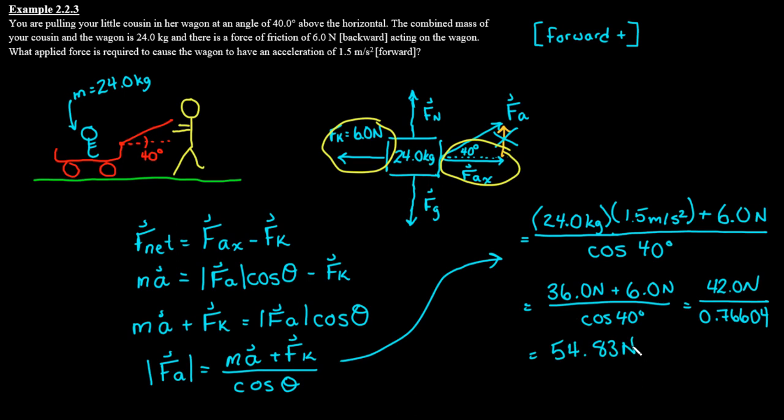Now remember, this solves for that entire magnitude. So this is the applied force that we are looking for. So the applied force that we have to apply in order to cause an acceleration of 1.5 meters per second squared forward is 55 newtons if we use our significant figures. And then don't forget to add the direction of 40 degrees above the horizontal.